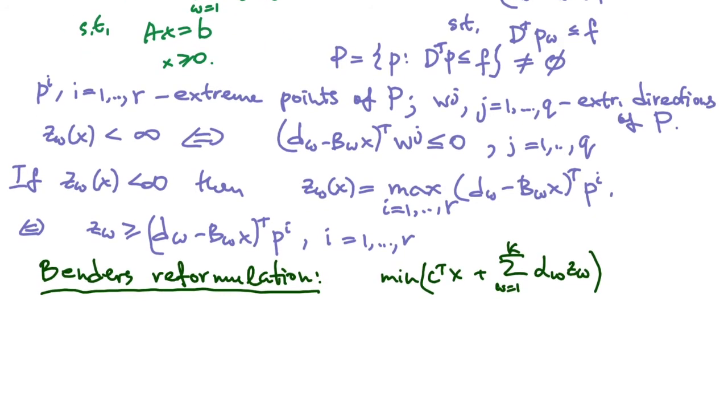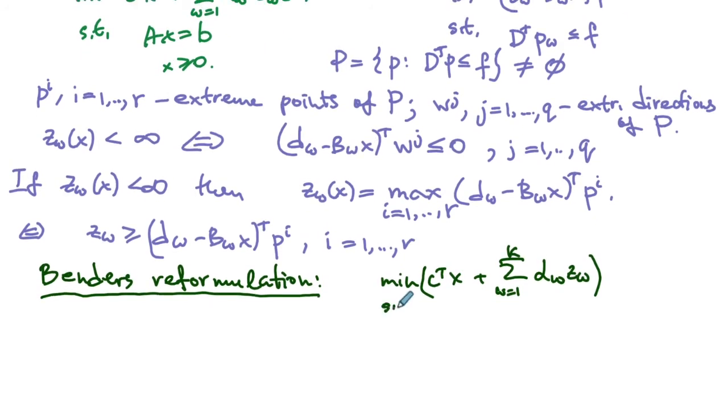And then the constraints are subject to Ax equal to b. So we have this constraint right here. We'll keep the non-negativity of x for later. But now we need to specify the remaining constraints.